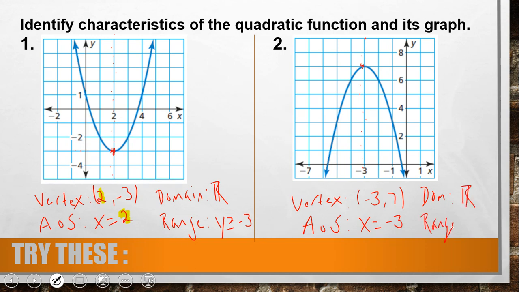And our range, now, this is a little bit different because our range is going to be y is less than or equal to 7 here, because it never gets above 7. It's all below 7. And again, we can see that our y values are increasing till we get to -3 in my x, and then they begin to decrease as well.